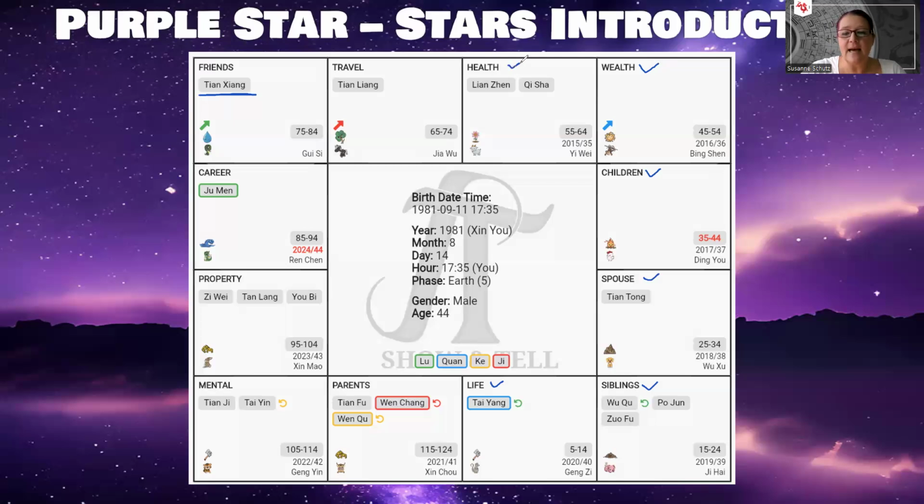Now, Tian Xiang in the health palace is also quite lucky because overall they tend to have good health. Of course, you may come down with a flu or feel under the weather every now and then, but overall their constitution is quite good.